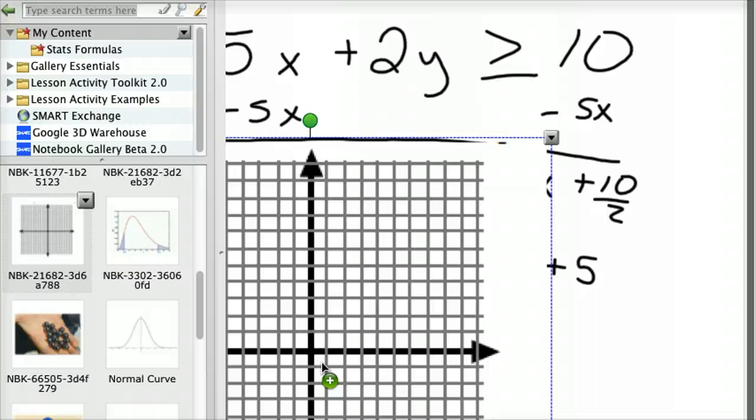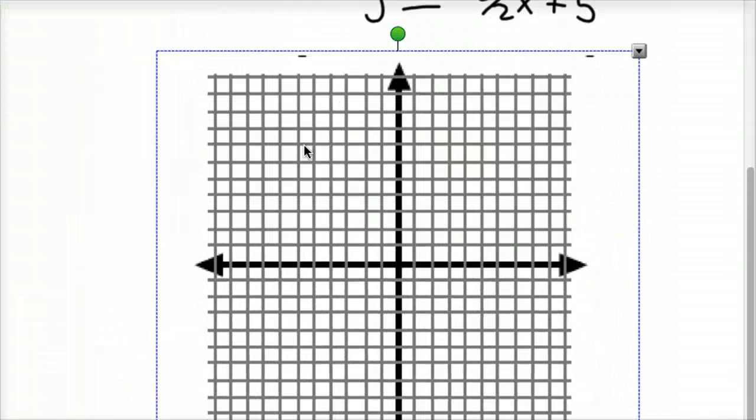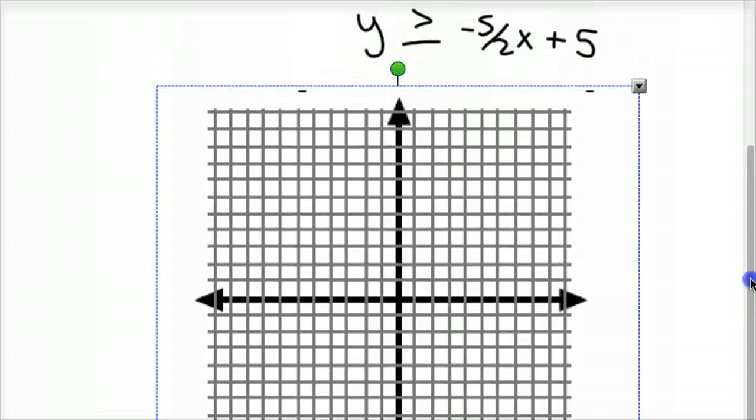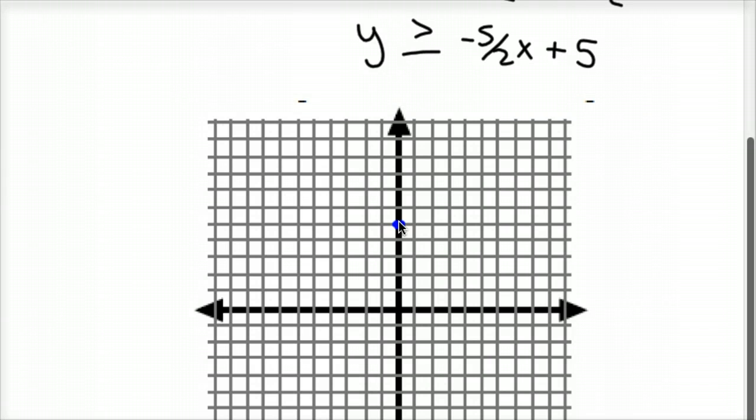Again, we'll graph that. Pull in some graph paper. In this case, I'm just going to do this again very quickly. You go up 5, 1, 2, 3, 4, 5. That's your y-intercept. Your slope is negative 5/2, so you go down 5, 1, 2, 3, 4, 5, right 2, would be right there.